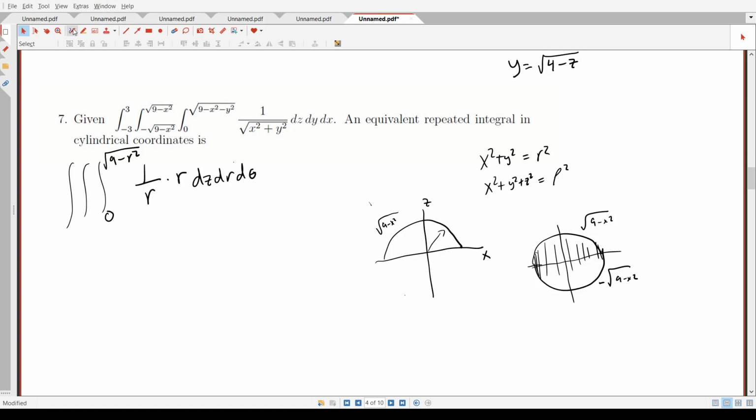So the minimum radius is going to be 0, and the maximum radius is going to be out here at 2. It doesn't really matter what angle or height it's at, but the maximum radius is going to be 2. And then for theta, we look in the xy plane, and we need to rotate this all the way around, so we go from 0 to 2 pi.